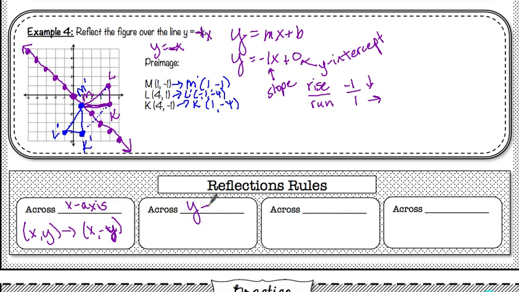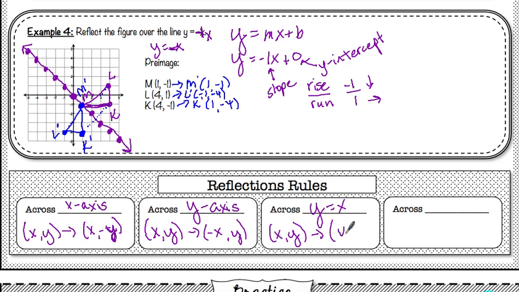If you reflect across the y-axis, it's the opposite. You change the sign of the x value. Okay, so that would be -x comma y. And then if you reflect across y equals x, the trick is you change the positions of x and y, so y comma x.